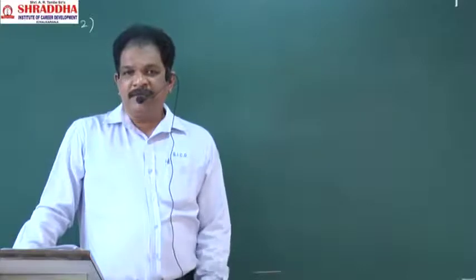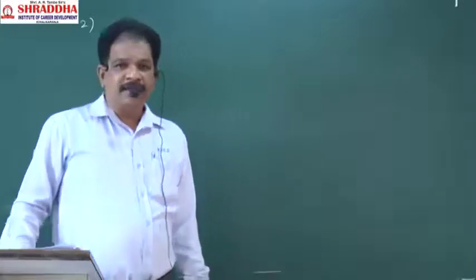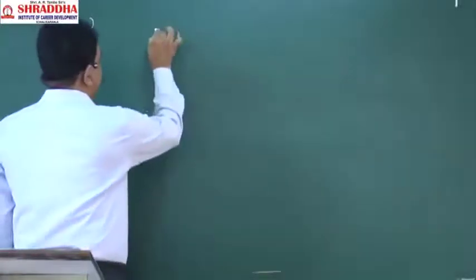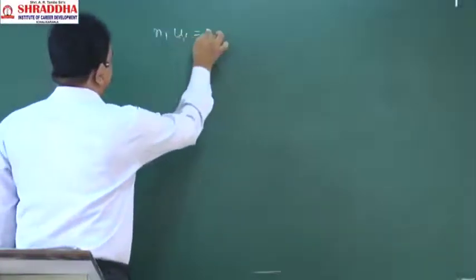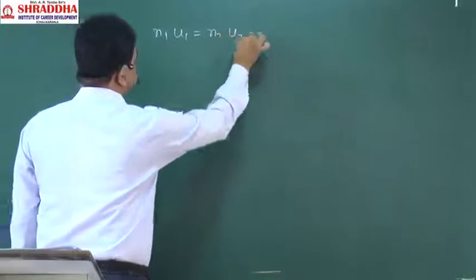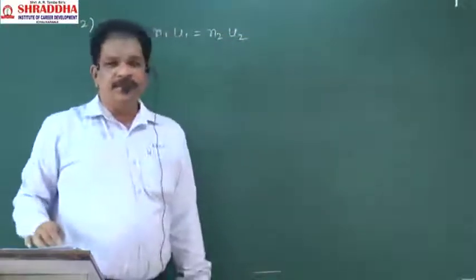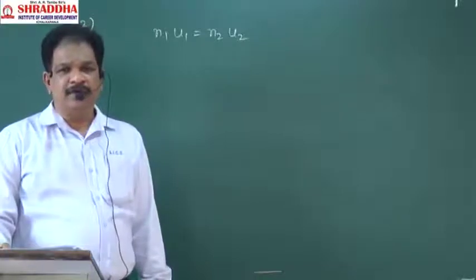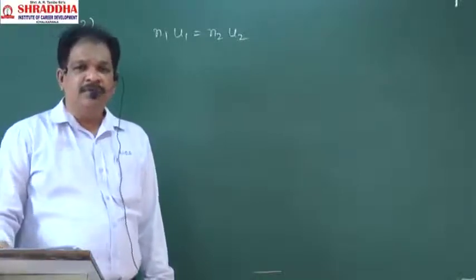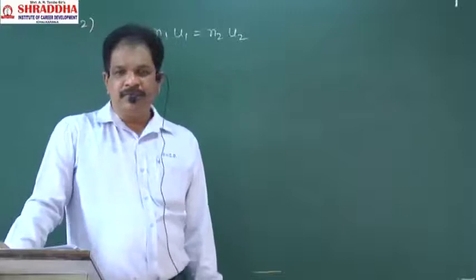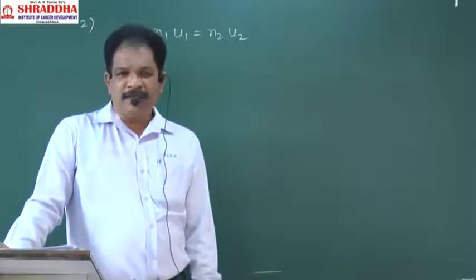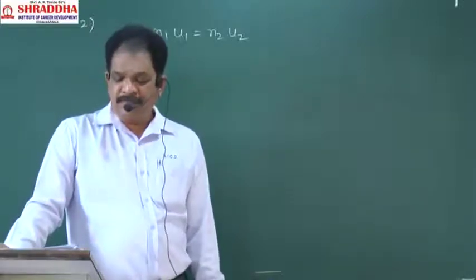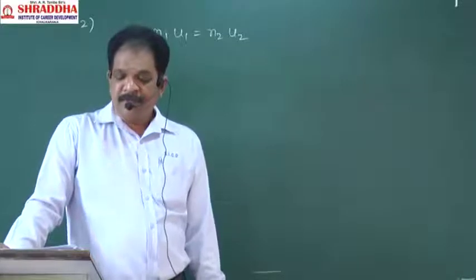Find the conversion factor between SI unit and CGS unit of density. What is the conversion factor between SI unit and CGS unit? So here N1U1 is equal to N2U2. What is the SI unit for density?